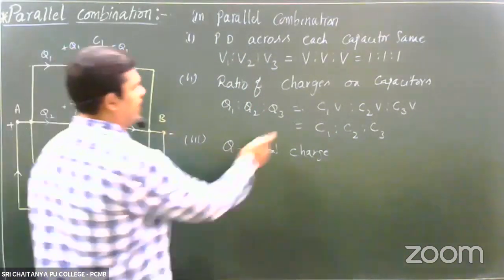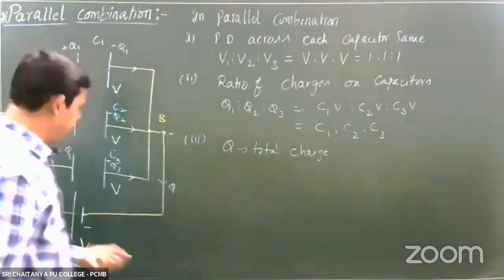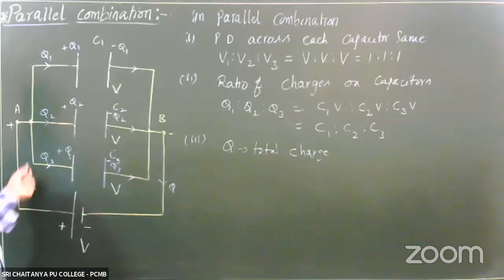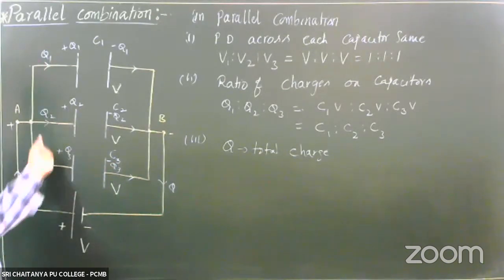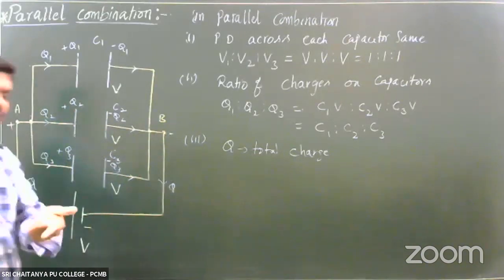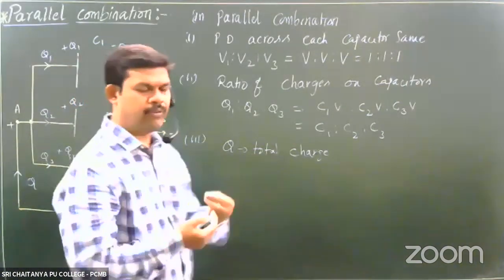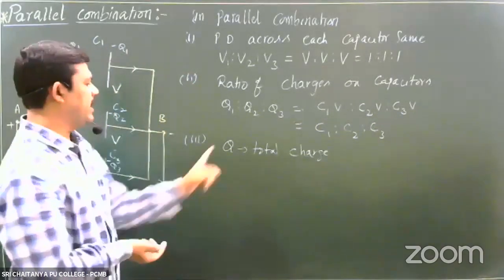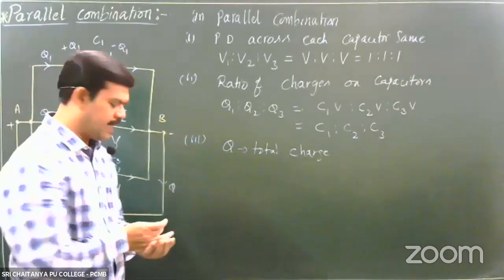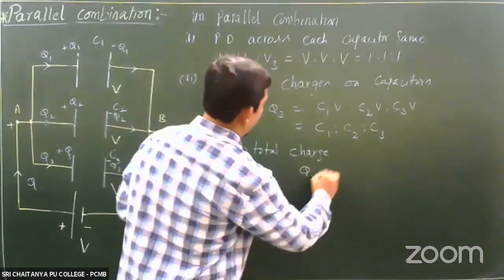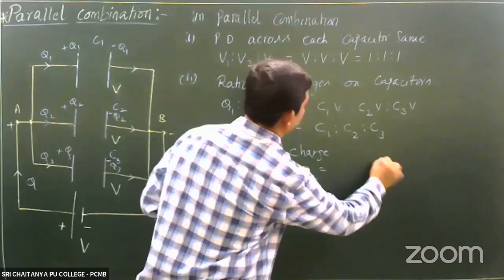Then you know C1, C2, C3. The potential V is not given. Only Q is given. You are asked to find Q1, Q2, Q3.